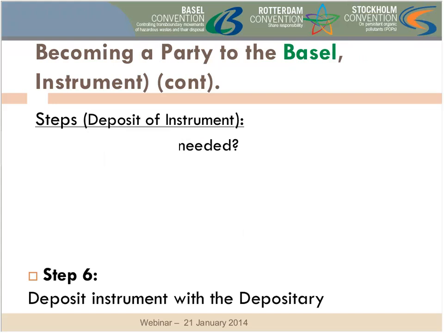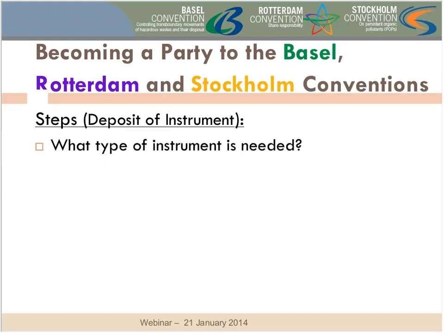And just to sum up what those steps would be, you'd have to look at what type of instrument would be needed. Is it a ratification process? Is it an accession process? That would be part of the national level consultations. Who can execute? It's usually a head of state. And again, there is guidance in the treaty handbook as to who can execute the instrument.